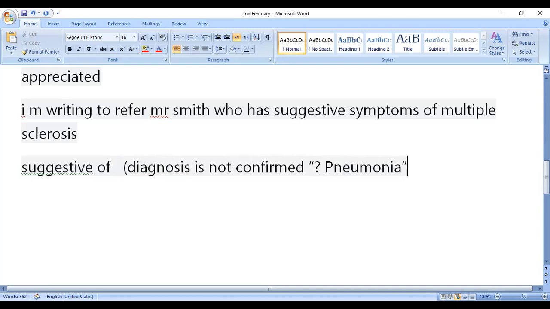It is not confirmed, so we use "whose features are suggestive of". If the diagnosis is confirmed, then we use "whose signs and symptoms are consistent with", and it would not have a question mark.